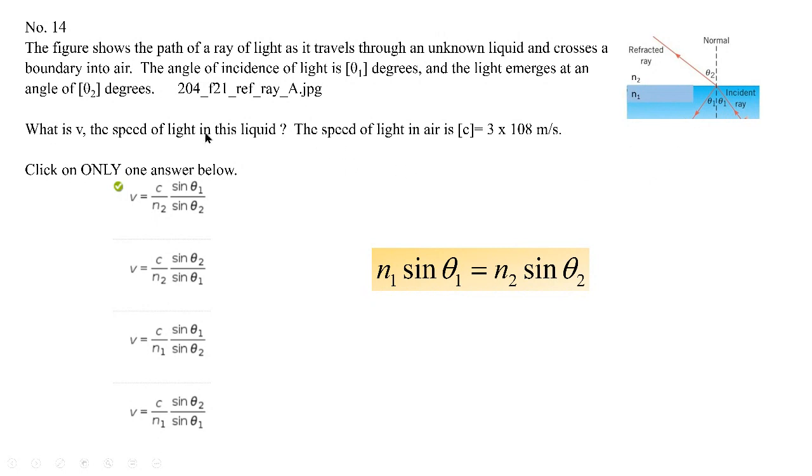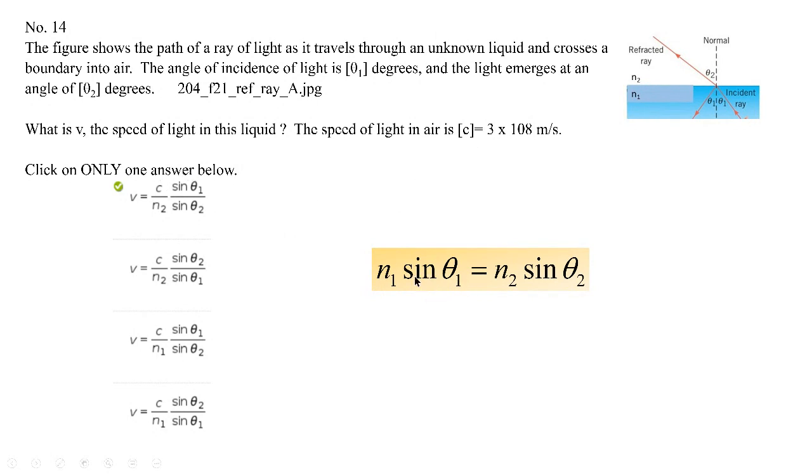But now the other thing that you need to use is the speed of light in this liquid. The speed is the original speed c, 3 times 10 to the 8, divided by the n of that medium. So I need to know which is the right formula.